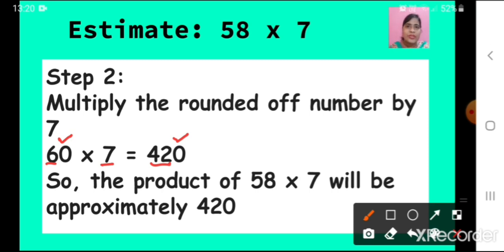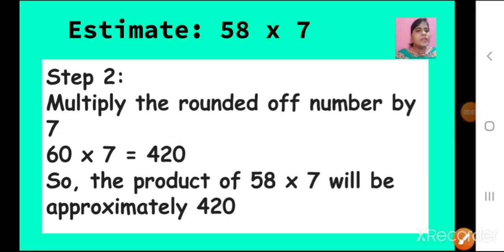Now all these calculations you can do orally also. So this is our estimated product, 420. The product of 58 multiplied by 7 will be approximately 420. Approximately means estimated value, a nearby value.